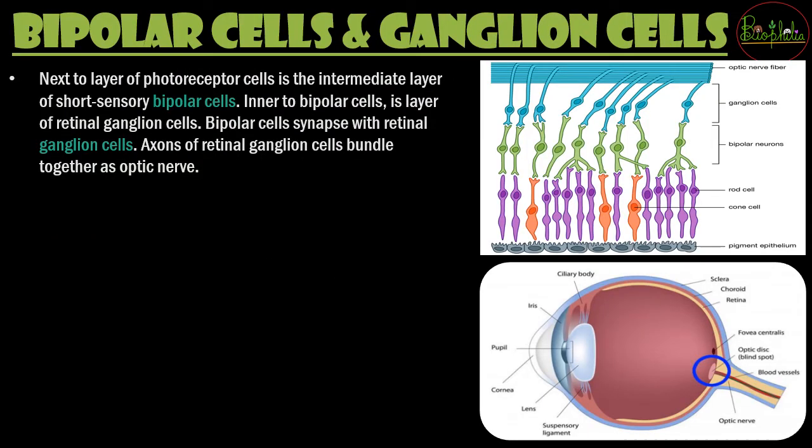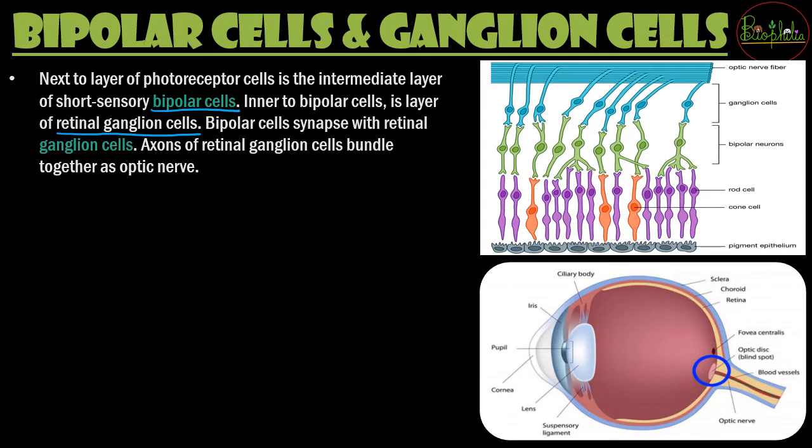The next are the bipolar cells and the ganglion cells. Once we have covered the photoreceptor cell layer, now we come to the short sensory area that is comprised of the bipolar cells. To the inner area of these bipolar cells, there are retinal ganglion cells.